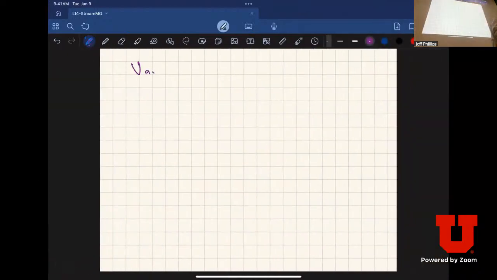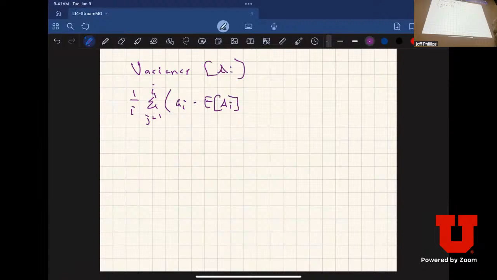So for the variance of A_i, I need to rewrite 1 over I, sum j equals 1 to I, of A_j minus the expected value of A_i, squared.